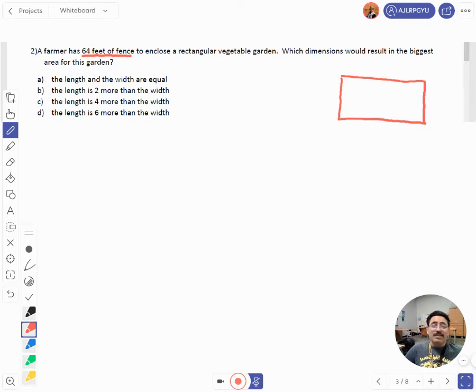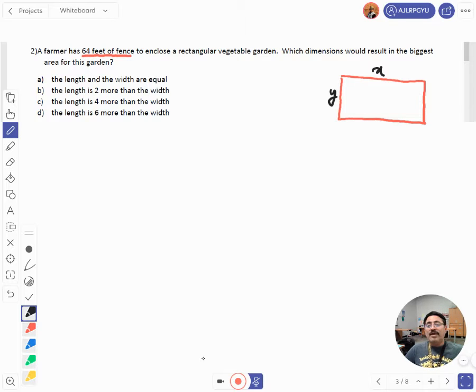I don't know what is the length, I don't know what is the width. So you may assume that one is x and the other one is y. Which dimensions would result in the biggest area for this garden? Option 1, length and width are equal.